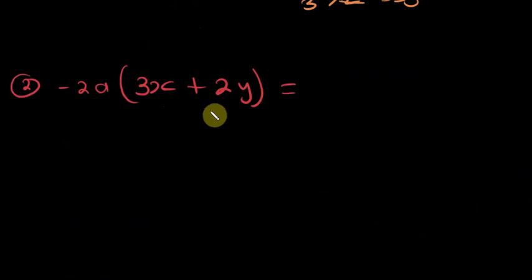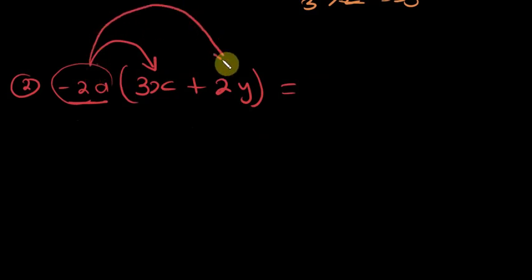Minus 2a multiplied by 3x and 2y. In this case, minus 2a, as always, will multiply by everything inside the bracket. Okay, start with the first term, then multiply with the second term. In this case, let's write it down.